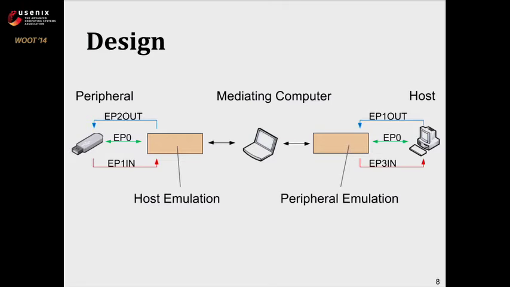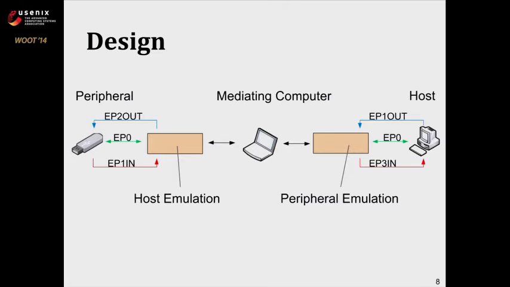So what's happened is that on your left side, you'll see a mass storage device, and on your right side, the host device. So when you initiate communication between a real host and a real device, the host is going to send a request. So I coerce the host into sending me that initial request and do that with the peripheral emulation on your right.